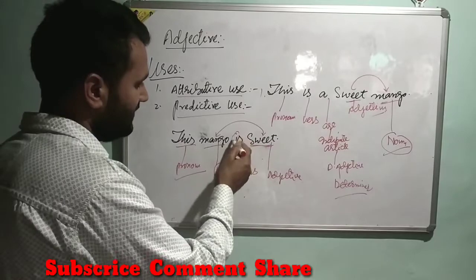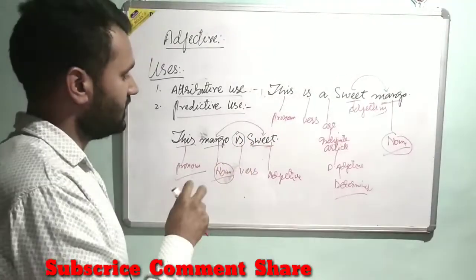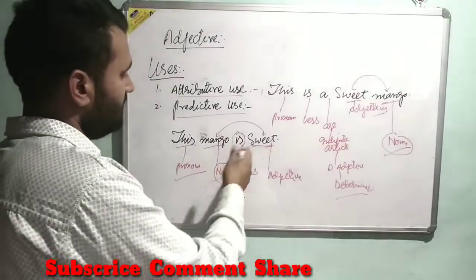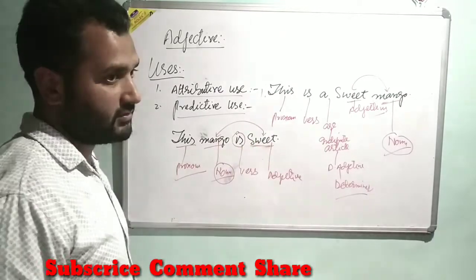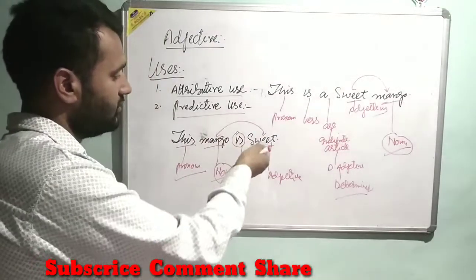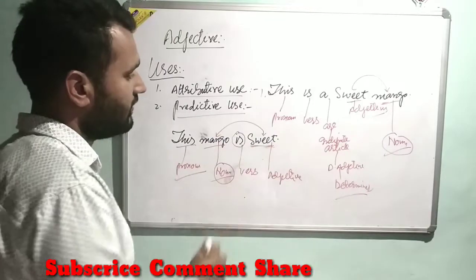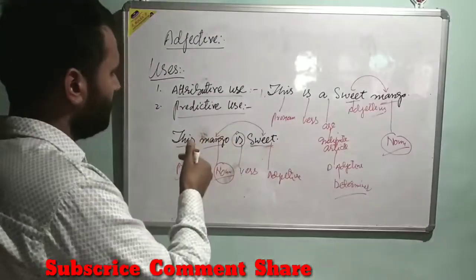There is the word is, which is making some sort of bridge over here. It is not letting this word directly qualify this word. So there is some sort of indirect link. Yes, of course, this is qualifying this word, but it is qualifying it in indirect terms. So it's having the predictive use.